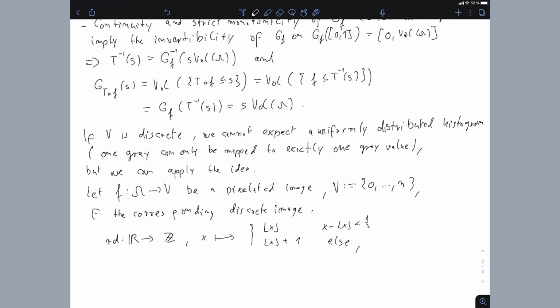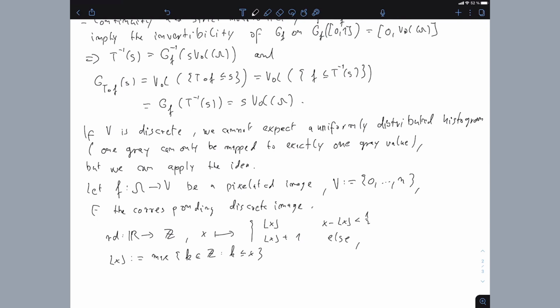And for the sake of completeness, I also define what floor is. That's just the maximum integer that is smaller or equal to our x. So that's the floor function, and then the rounding.